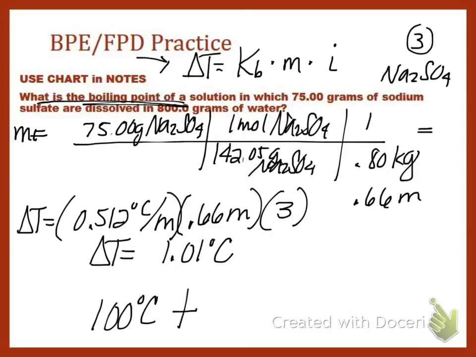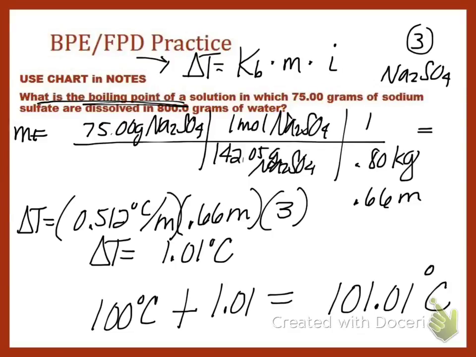So since this is a boiling point elevation, I'm going to add my 1.01 to it. So my new boiling point would be 101.01. Now, if someone wrote 101, it'd be okay because we're doing sig figs, but I want you to see that you added that to it.